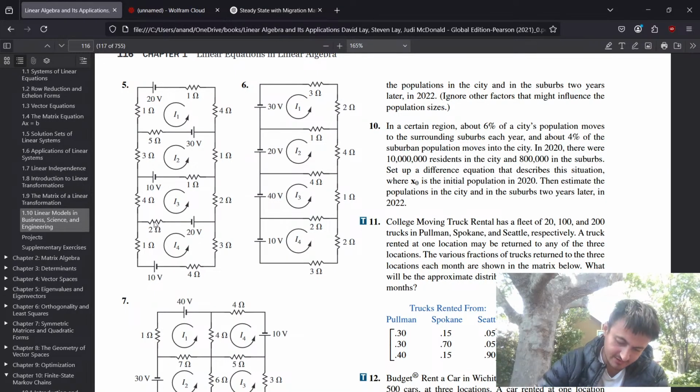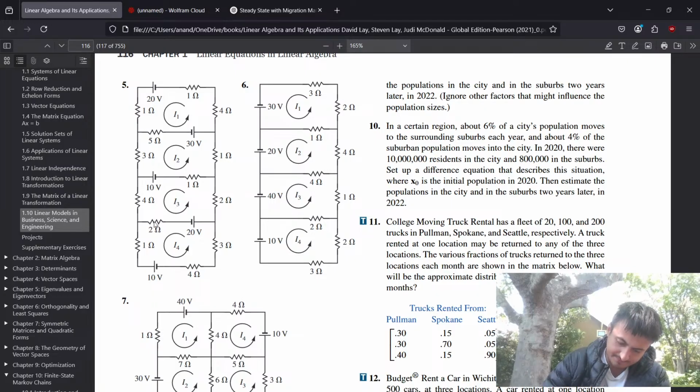So if we write this in matrix form, we're going to get 11, minus 5, 0, 0. Then minus 5, 10, minus 1, 0.